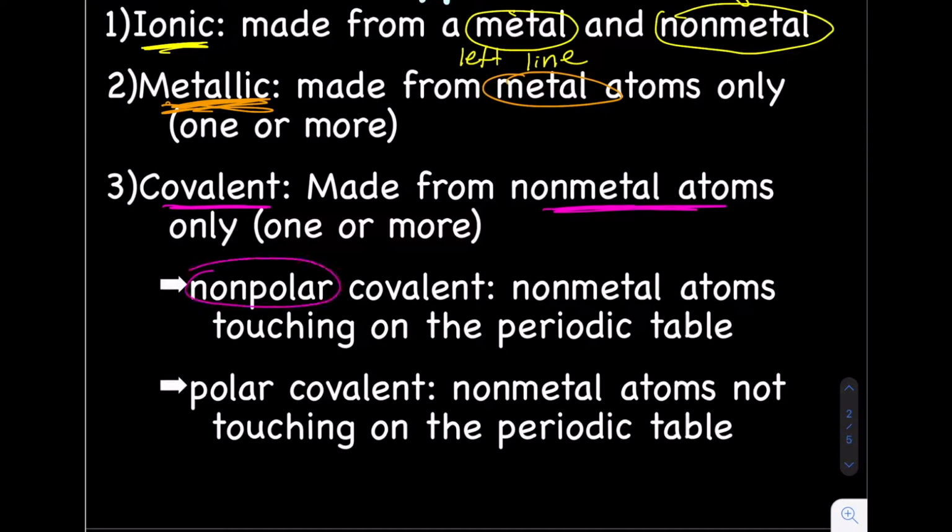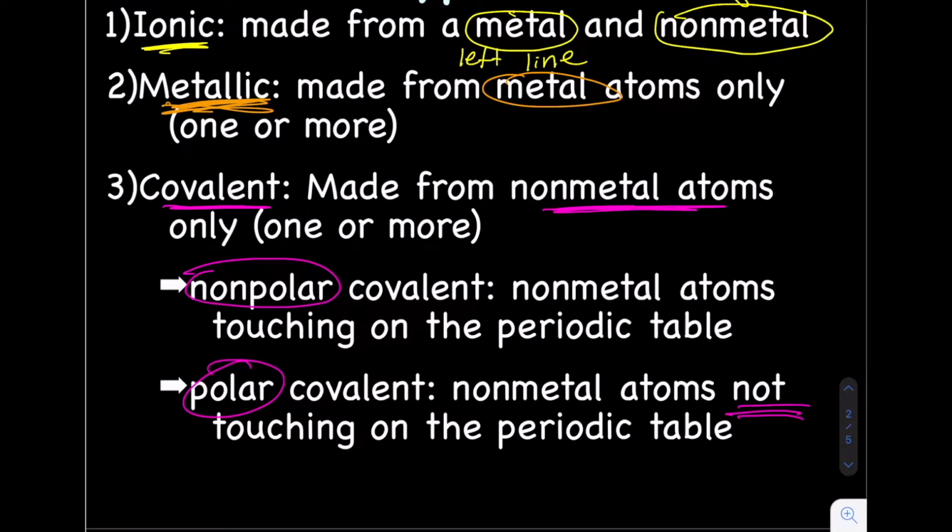You have nonpolar, and recall that nonpolar covalent molecules are also made from only non-metal atoms, but if you look at the periodic table, they'll be touching each other, okay? And polar covalent bonds are also non-metal atoms, but this time they will not be touching each other on the periodic table. All right, so that was just a really quick, fast overview of the three types of bonds.